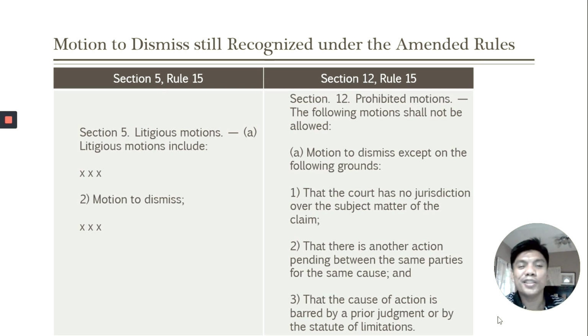Now, under Section 12, Rule 15, you have the prohibited motions, and the following motions shall not be allowed. Accordingly, motion to dismiss is not allowed except on the following grounds. So in other words, if the motion to dismiss is not grounded on these three, then it will be denied outright. So choose your grounds wisely.